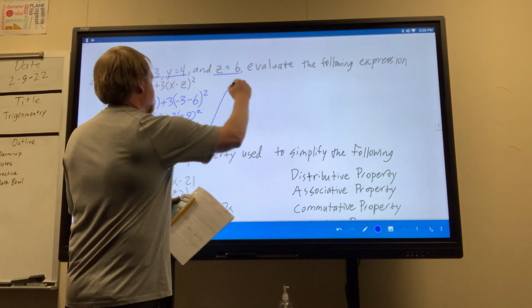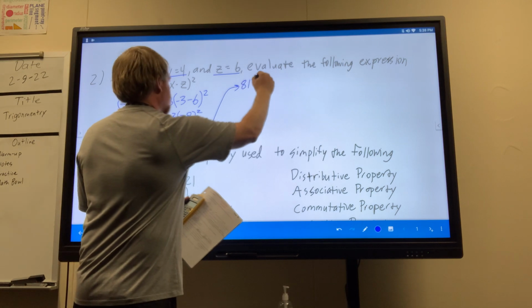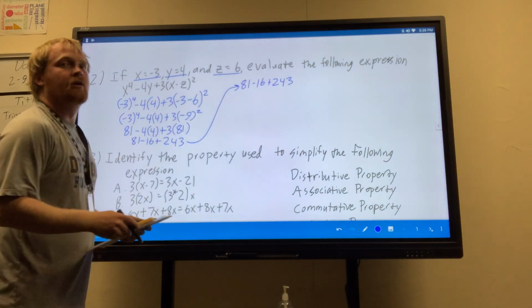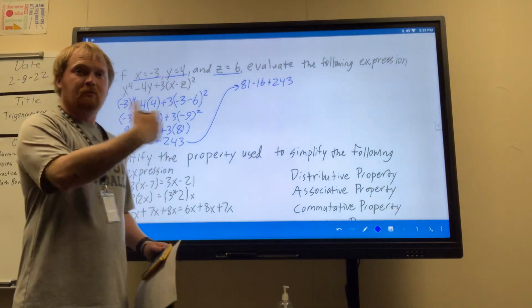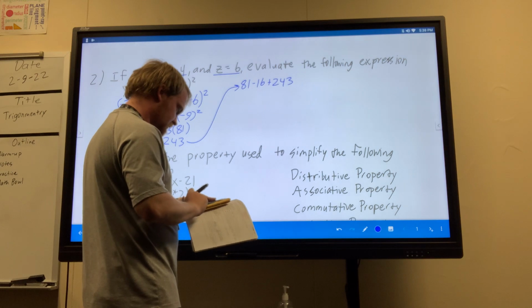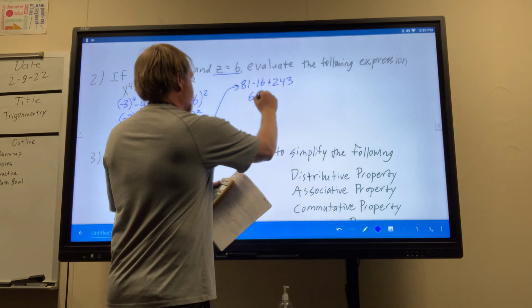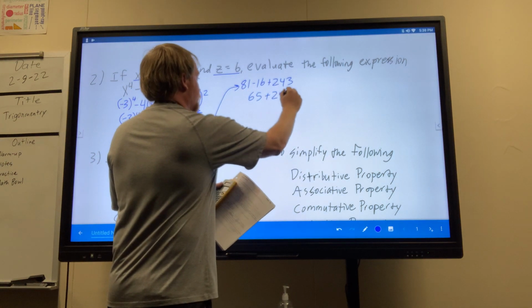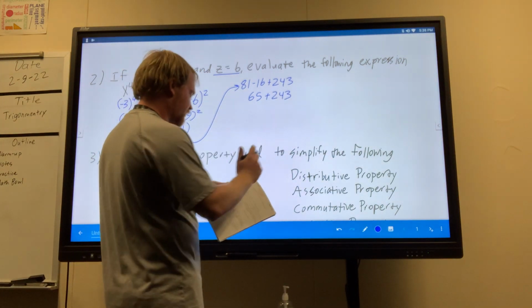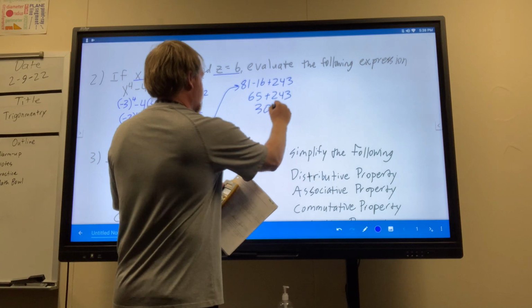And I'm going to slide it over here. And now I'm going to add and subtract from left to right. So 81 minus 16 is going to be 65. And 243 added together with the 65 is 308.